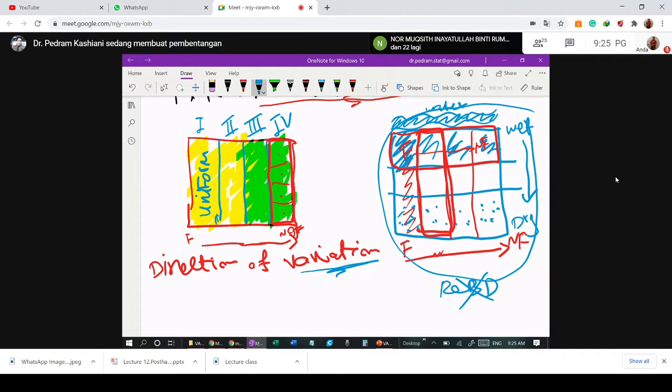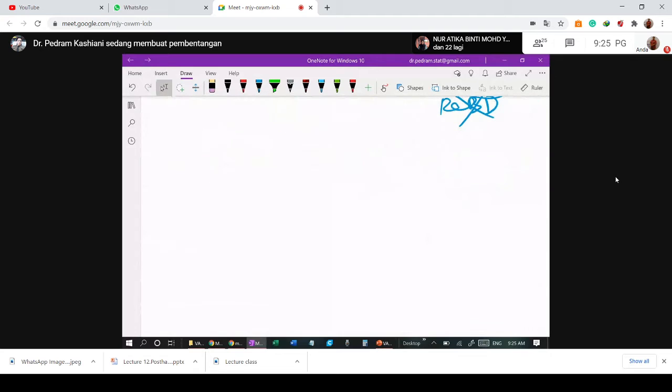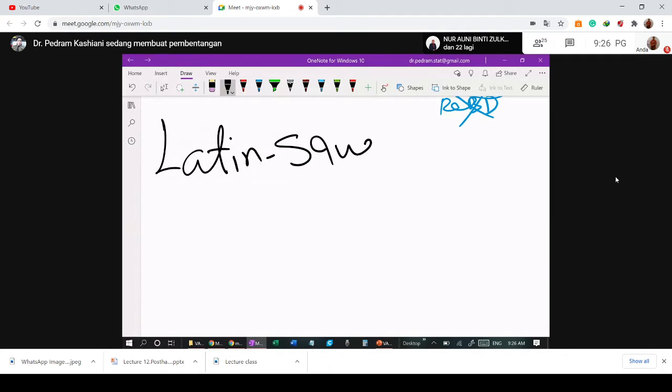If I block based on moisture, I have a problem with fertility. So there is no way to do RCBD. What is the solution? The solution is a design we call Latin square design.